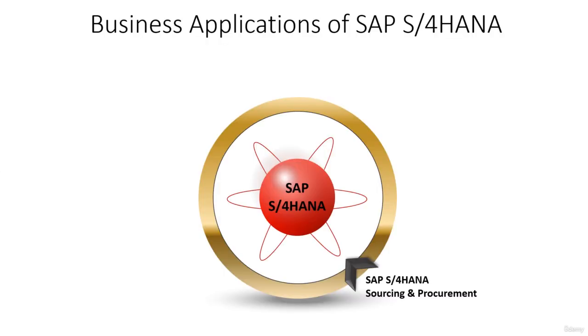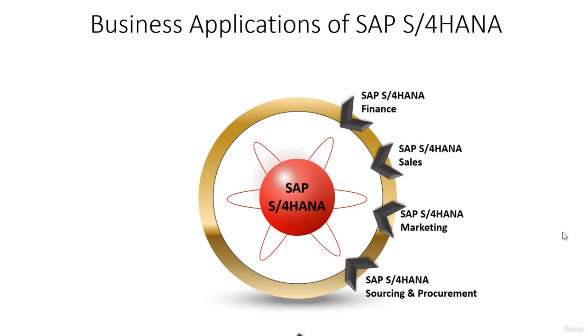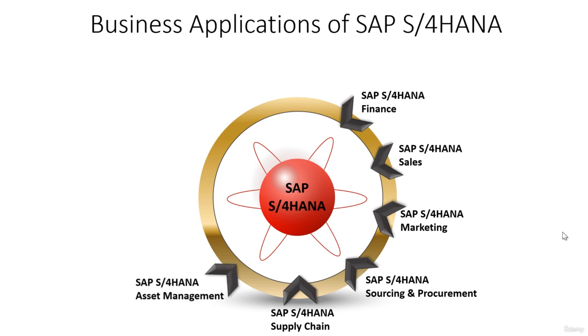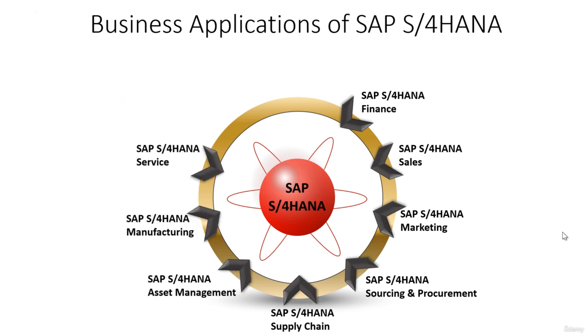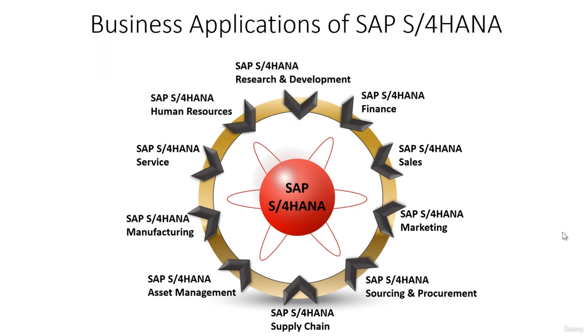The other business applications of SAP S/4HANA Business Suite besides SAP S/4HANA sourcing and procurement are SAP S/4HANA Finance, Sales, Marketing, Supply Chain, Asset Management, Manufacturing, Service, Human Resources, and Research and Development.